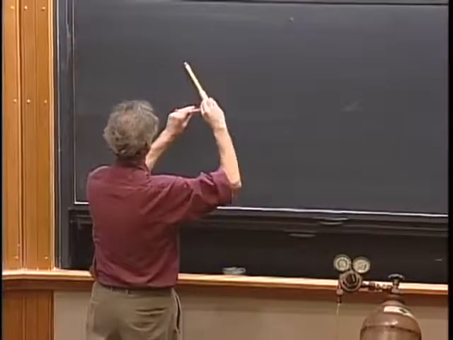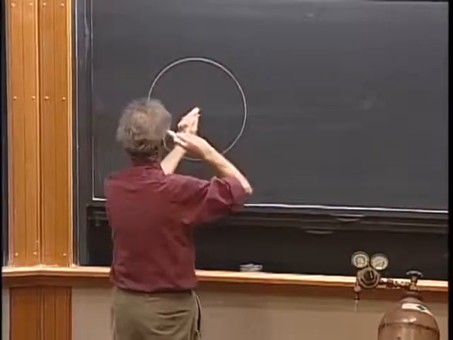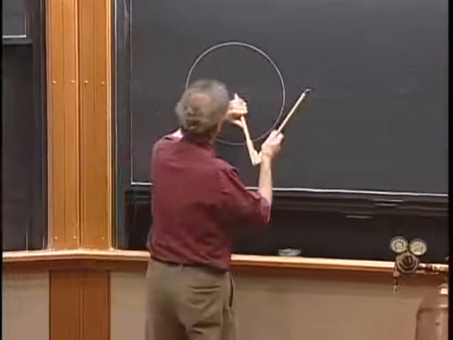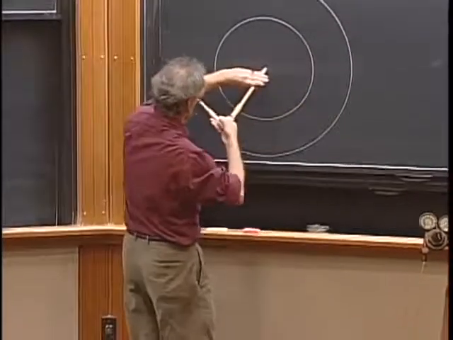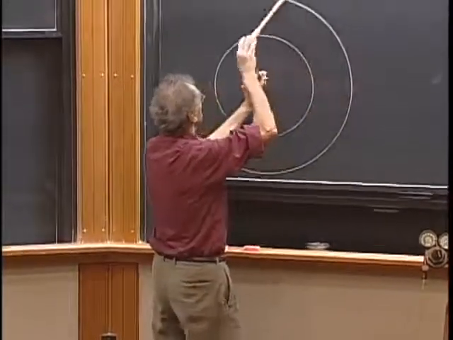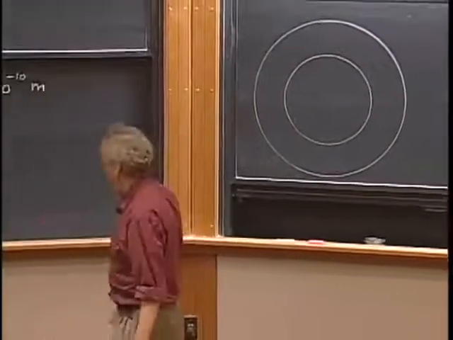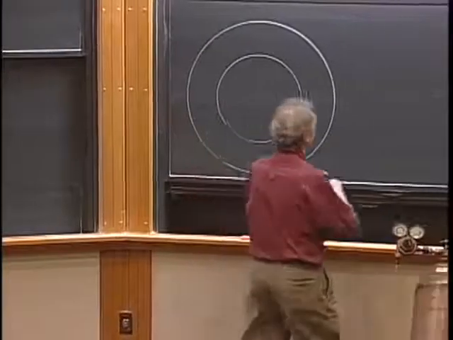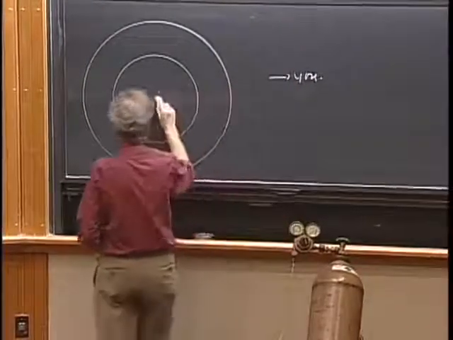That is a little special, but it will get the point across. So this is the orbit of one star, and this is the orbit of the other star. So it's a circular orbit, and you are here. This is the center of mass.